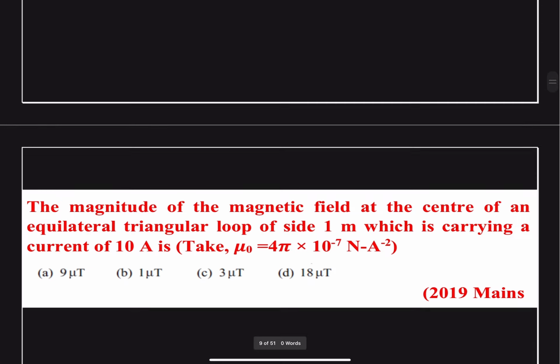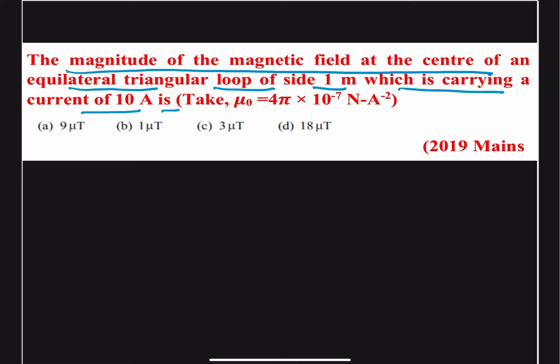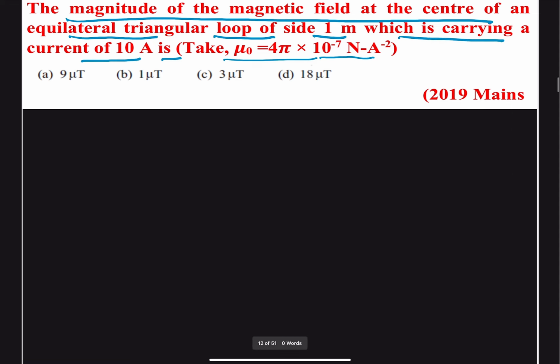We come to the next question, and it says that the magnitude of magnetic field at the center of an equilateral triangle loop of side 1 meter, which is carrying a current of 10 ampere, is taking mu as 4 pi into 10 to the power minus 7 Newton per meter square. So we are given an equilateral triangle, so we can draw an approximate figure for that.